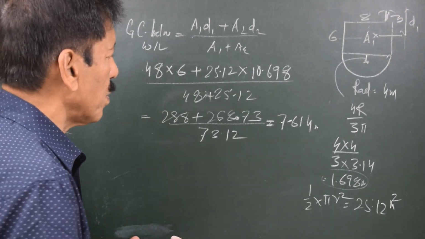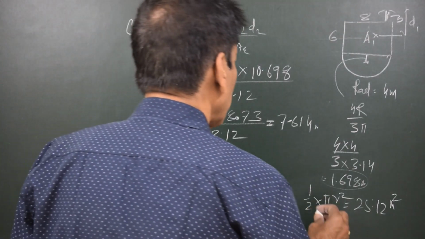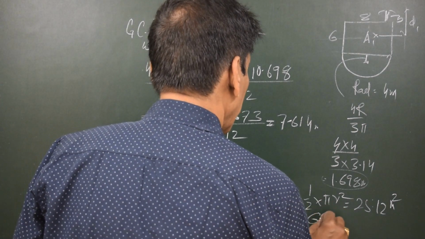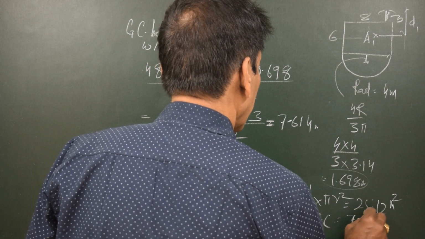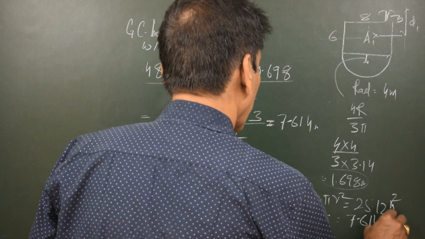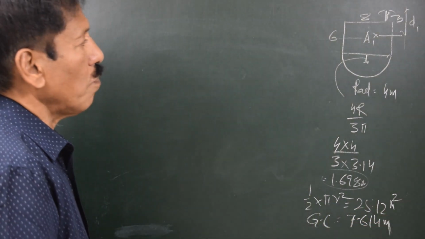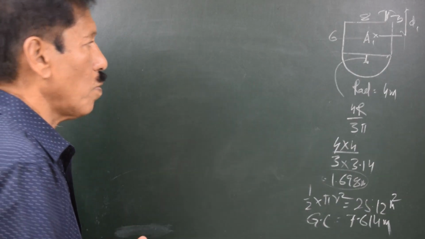So we have the common geometric centroid below the water level as 7.614 meters.